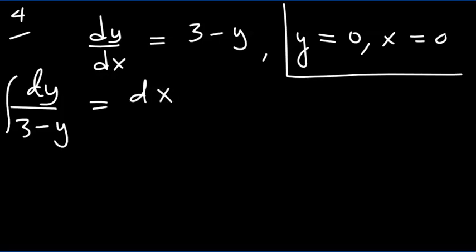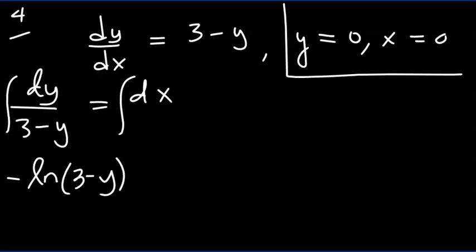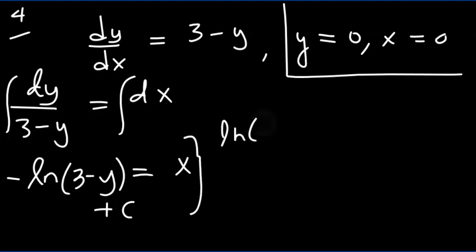Now let's integrate this line. The left-hand side will give you minus natural log of 3 minus y. This is just a standard integral. The right-hand side is x. But do not forget a constant. Let's call it c. Now that means natural log of 3 minus y equals the arbitrary constant c minus x.